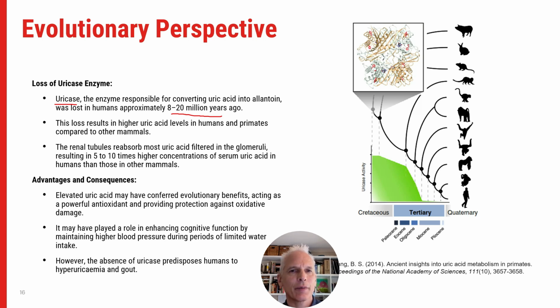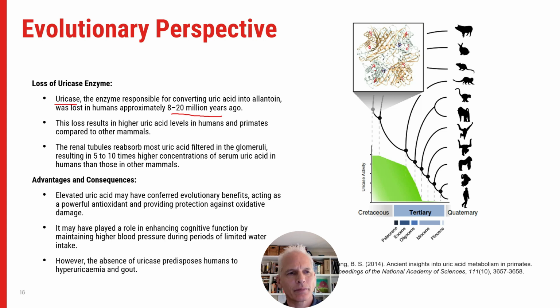A lot of mammals still have it, but we unfortunately don't. As I've mentioned, the renal tubules reabsorb most uric acid filtered in the glomerulus. This results in 5 to 10 times higher concentrations of serum uric acid in humans than those in other mammals. So you can see why we're predisposed towards developing gout.